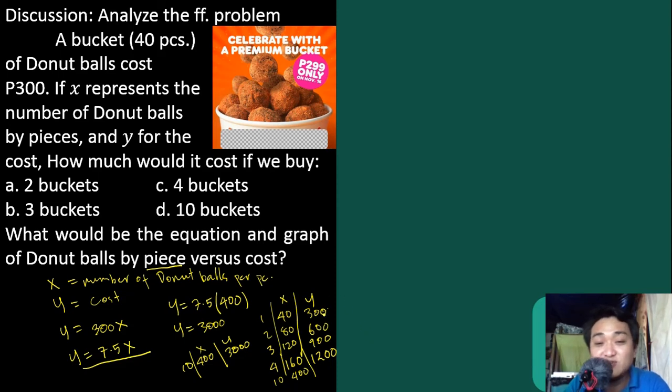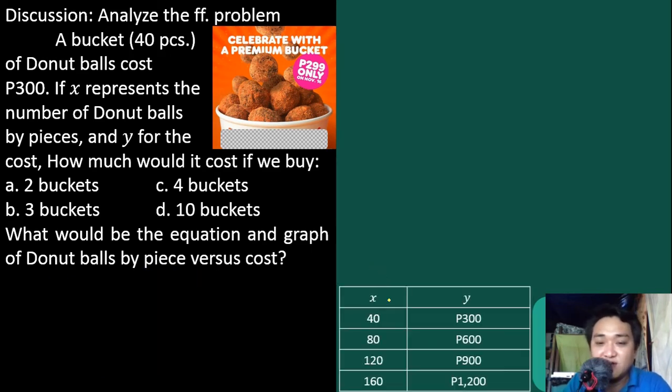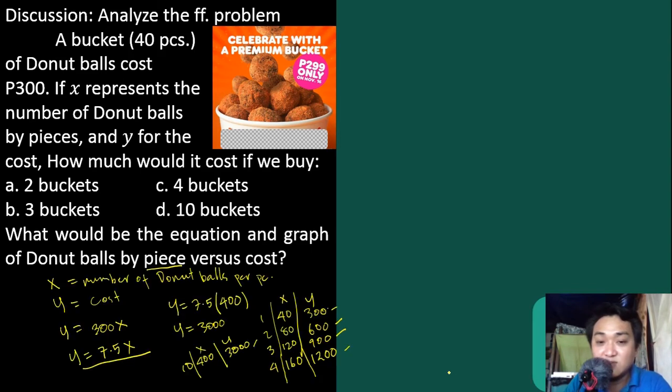All we have to do is to make use of these values para may graph po natin siya. Okay, so we have, if we buy 40, we have 300. If we have 80, 600, 120, 900, 160 pieces, that is equivalent to 1,200.